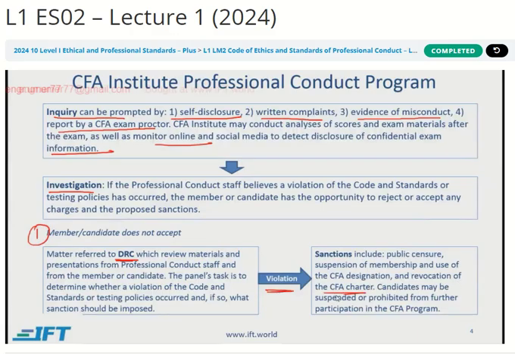So obviously, if the person who is committing a violation is a charter holder, then the charter will be taken away from that person, or potentially that is one of the sanctions. Candidates may be suspended or prohibited from further participation in the CFA program. The other scenario is that the member or candidate accepts the sanctions, and then obviously the sanctions will be imposed.